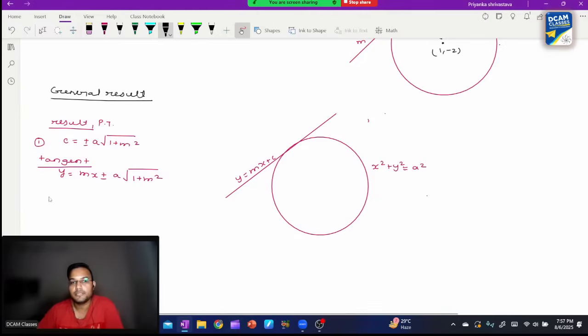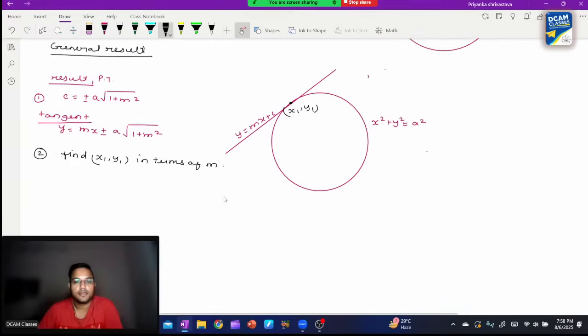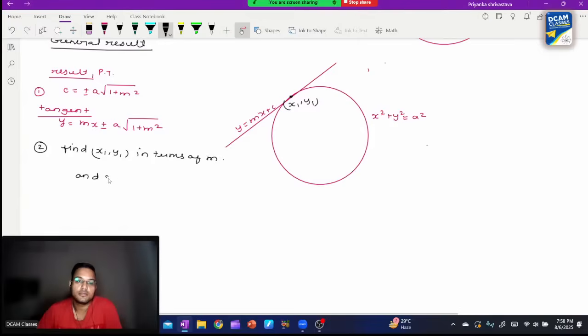The second important thing, which will be difficult for you: assuming the point of contact is x1 comma y1, find x1, y1 in terms of m and show that x1 comma y1 is equal to plus or minus a square m, plus or minus am by root over 1 plus m square, comma, plus or minus a by root over 1 plus m square.